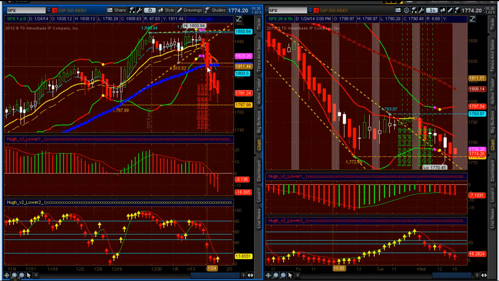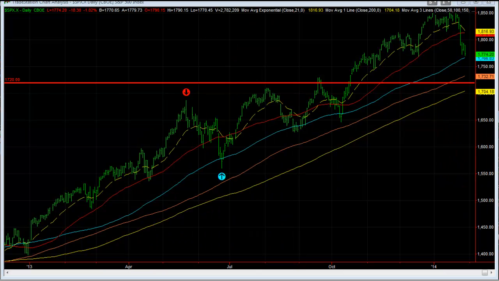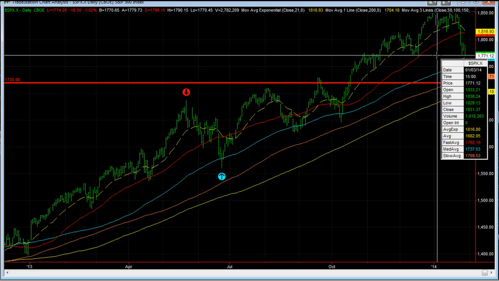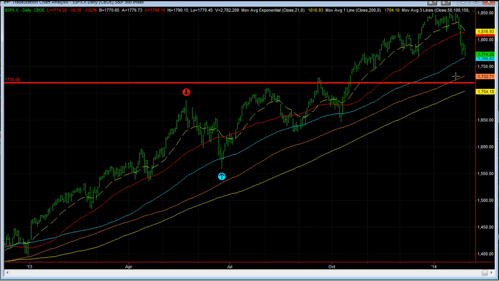Now, let me show you another chart to illustrate this a little bit better in more detail for you. Here's my target zone. This was, I was showing you on that one chart, 1767. So it comes right in here. This is your 100-day moving average, and then below this support level right here is your 150, right at this 1730. Now, I like to talk about measured moves for symmetry of a market.